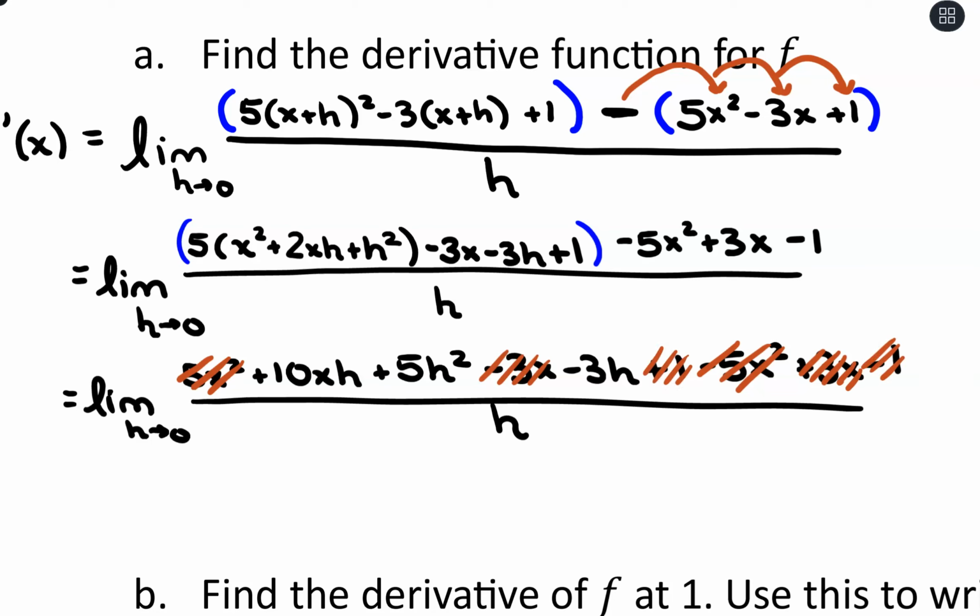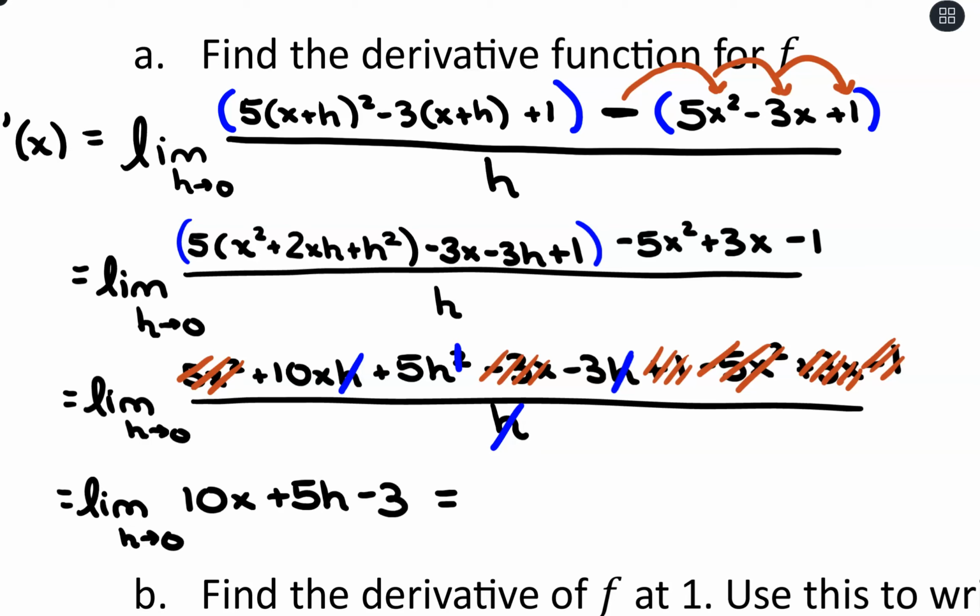So when we carry this out, we should be left with all terms that involve h, because then we'll have a nice cancellation with h across each term. So cancel out an h, we'll have one h left over, cancel out an h. So we're taking the limit as h approaches 0, and with all those zeros that came through, canceling out an h, we're left with 10x plus 5h minus 3.